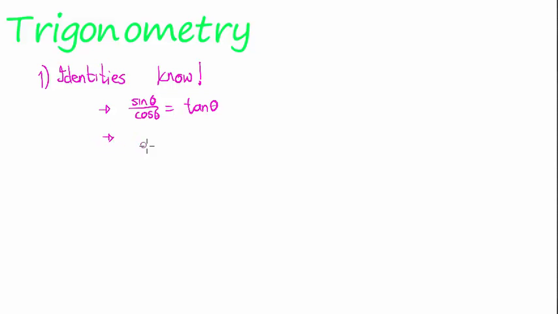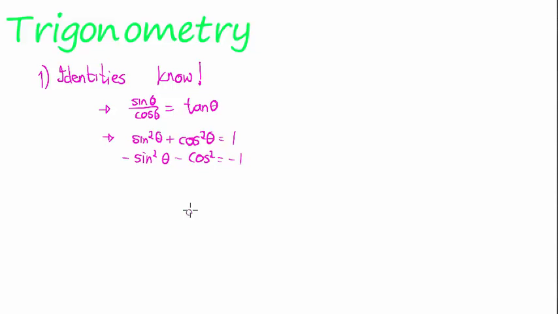Give me another one. Sine squared theta plus cos squared theta equals what? Positive 1. In other words, if I multiply everything by a negative, then negative sine squared theta minus cos squared theta is equal to negative 1.